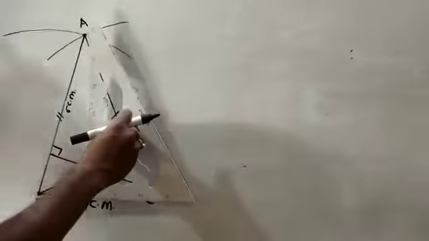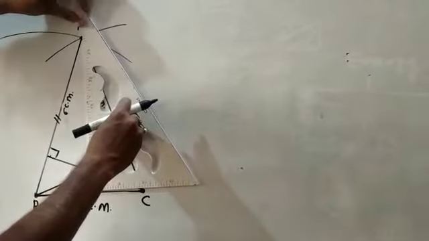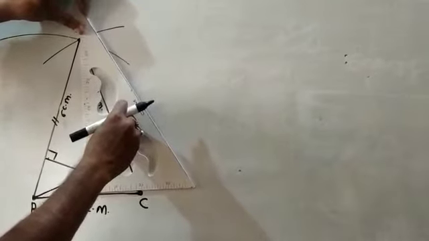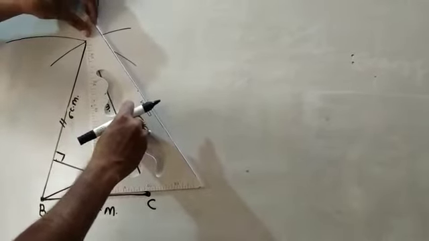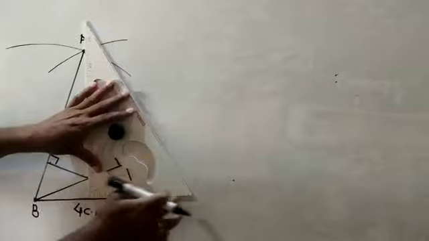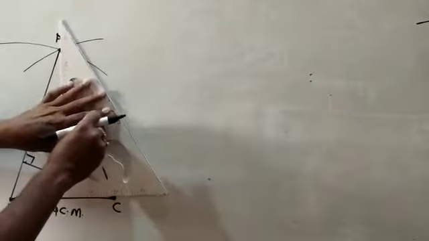So adjust the set square like this, the vertex and the base properly, and you have to shift this properly like this. Adjust the set square. This base BC has to match with this set square base, and you have to draw the altitude.